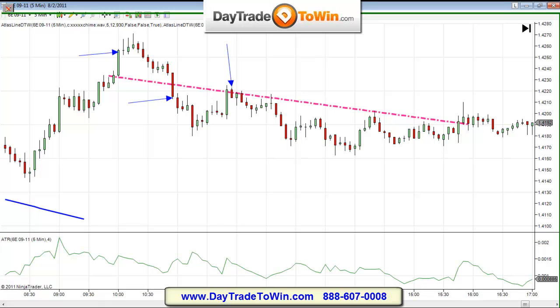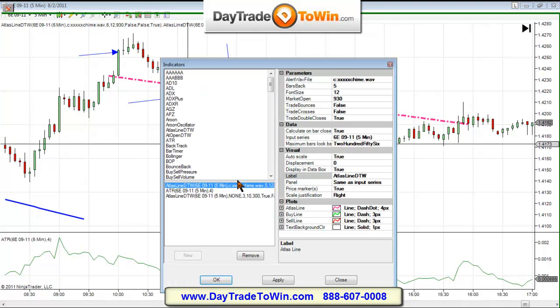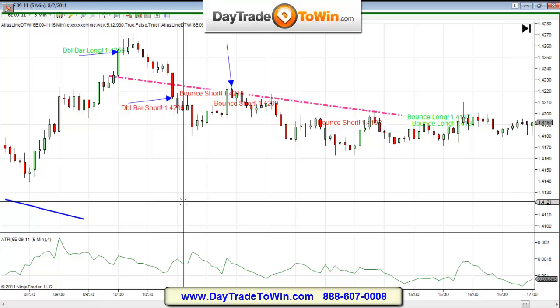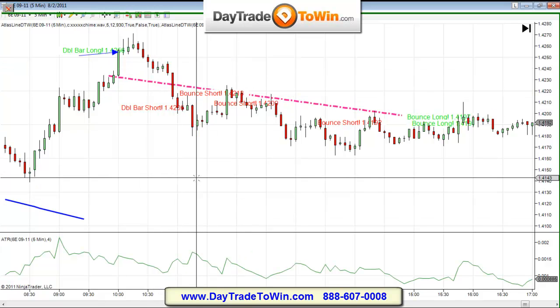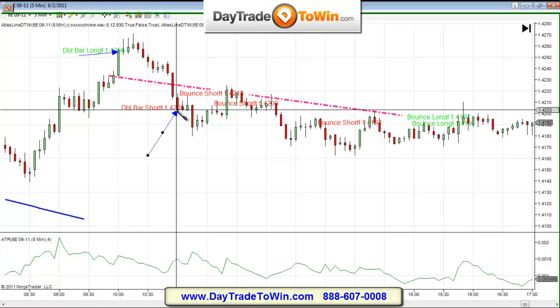Francisco asks if the Atlas line starts at the bottom of the bounce, I mean, does it give signals to trade or draw a support line. Yeah, so for example, let me add here on the Atlas line the bounce trades to show you. So I'm going to turn on the bounce trades. So now they're going to be displayed. You see here where the market's bouncing off the Atlas line. These are displayed. They're right there.